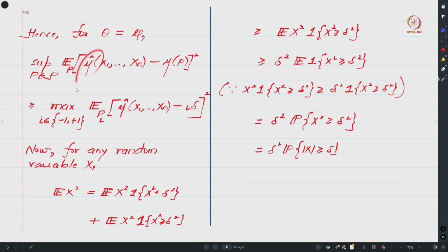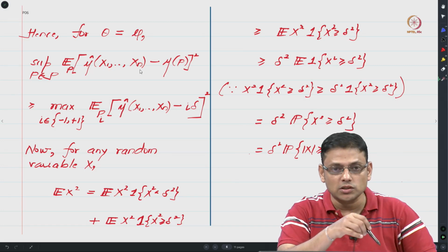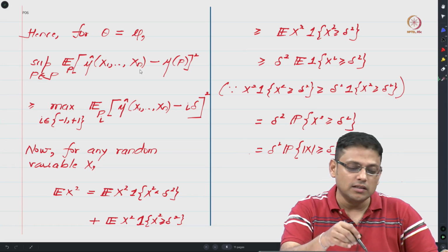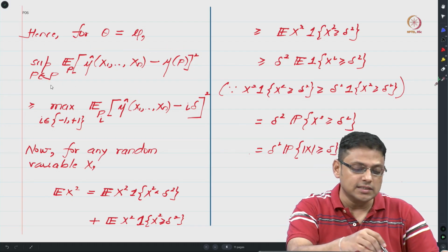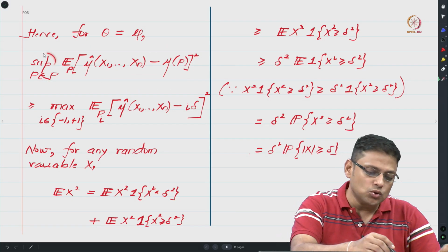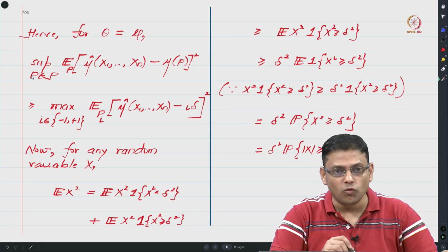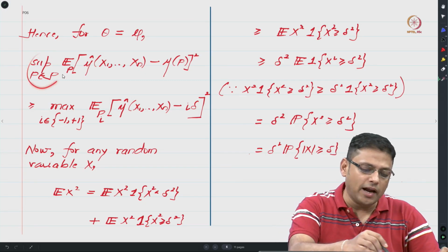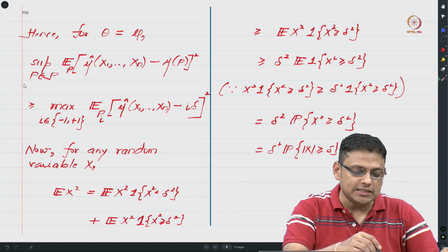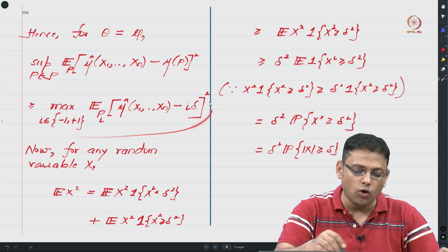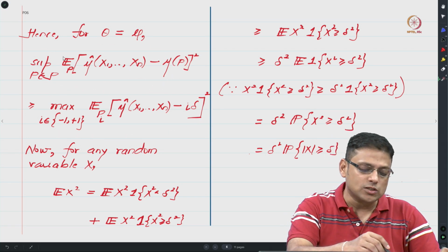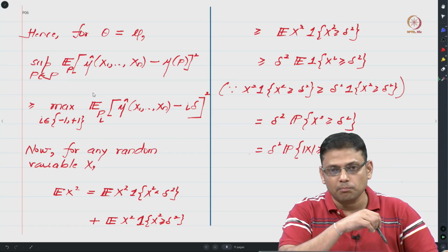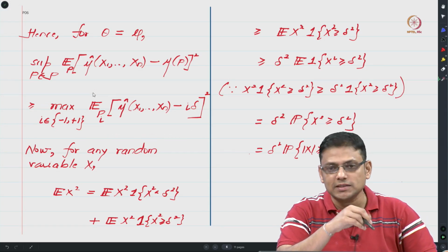Let us say you have some rule mu hat based on the observations x1 to xn; then the worst case error associated with this estimator is given over here, and since you have a supremum here, if I restrict my attention to the two specific distributions that I spoke about and take the max of this expression only over those two distributions, then it is easy to see that this supremum is lower bounded by the max over the two specific distributions.